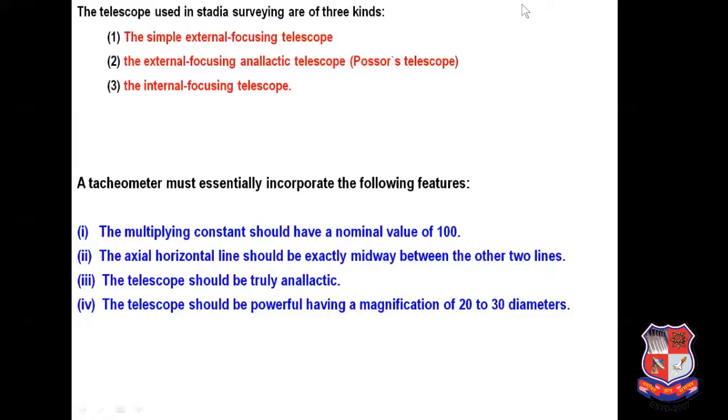Third, the telescope should be truly analytical, means the telescope should be provided with the analytical lens to make the calculation simple. And last, the telescope should be powerful, having a magnification of 20 to 30 times the diameter of the telescope.